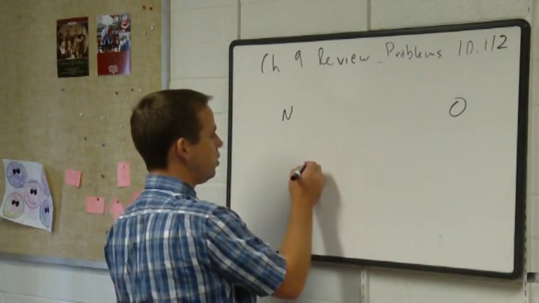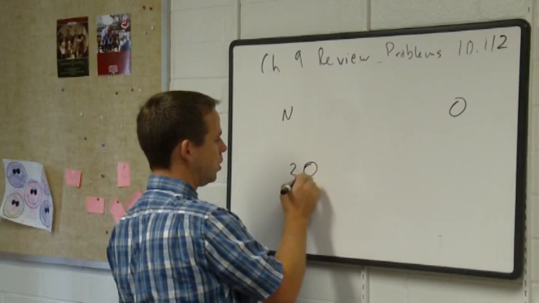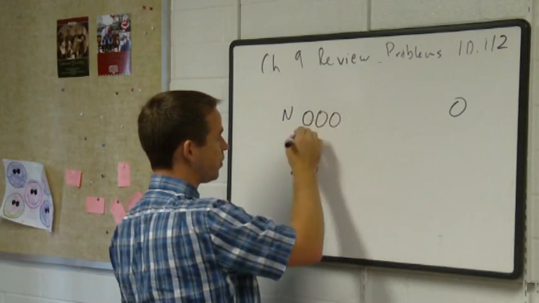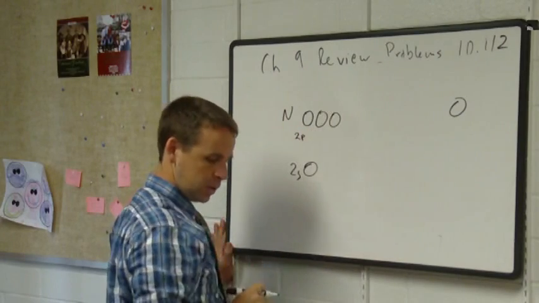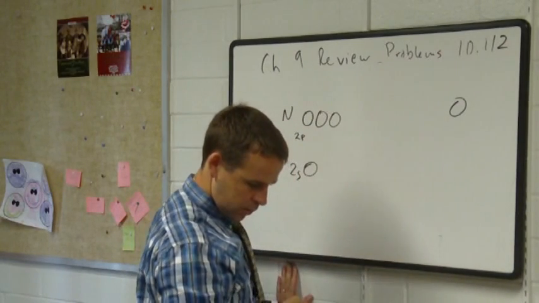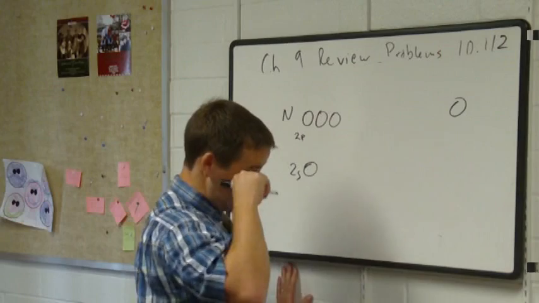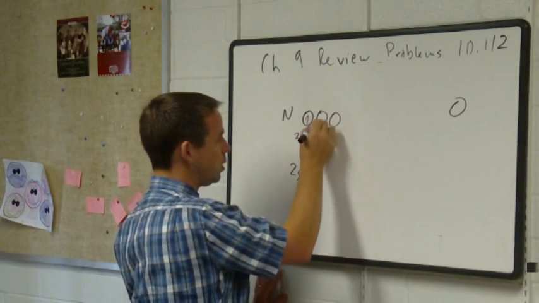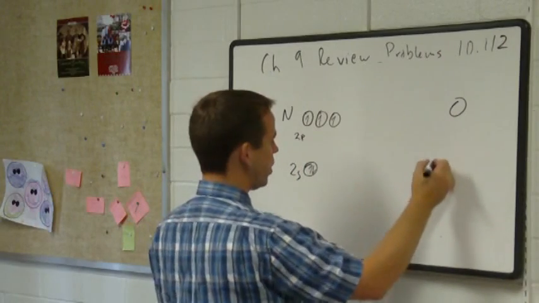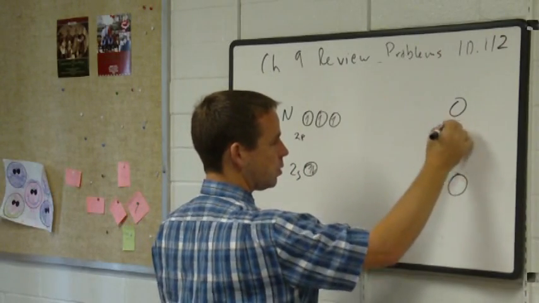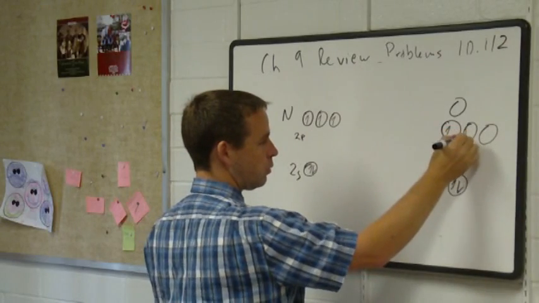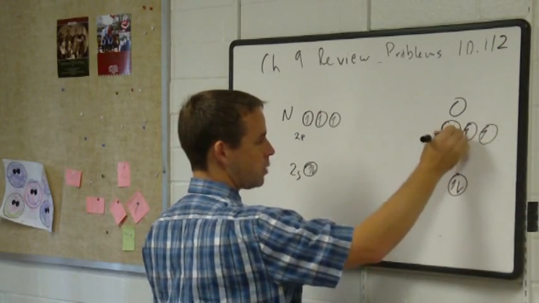So it has 2s, here's the 2s, and it has a 2p, and in this we have 1, 2, 3. Oxygen brings 2s and 2p, 1, 2, 3, 4.